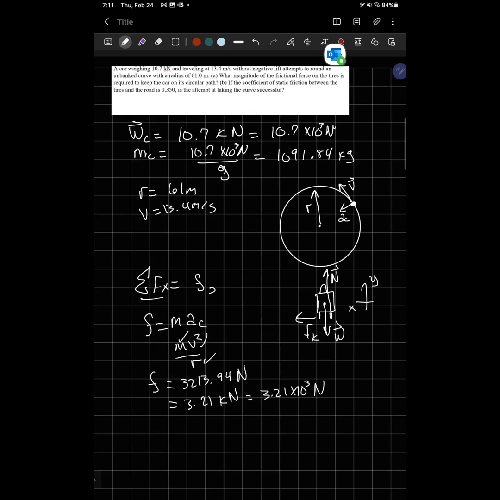Between the tires and the road is 0.35. Is the attempt at taking the curve successful? So what I'm going to do is use the 3.21 times 10 to the third newtons, which is equal to the equation of friction, mu s times normal force.